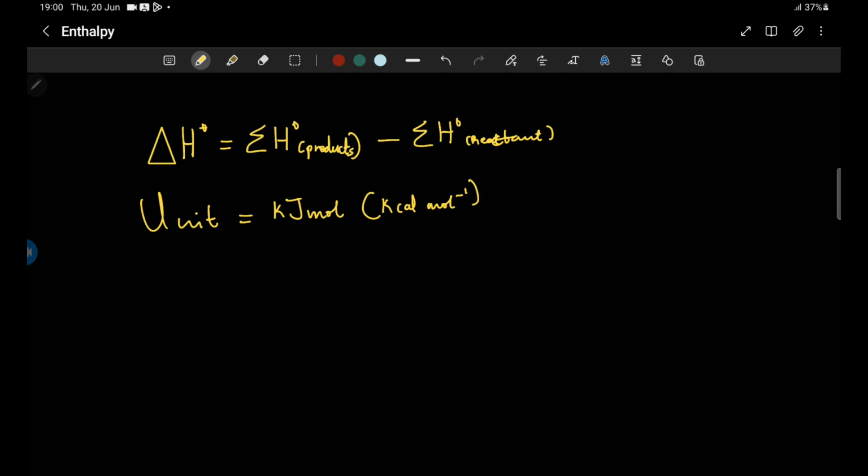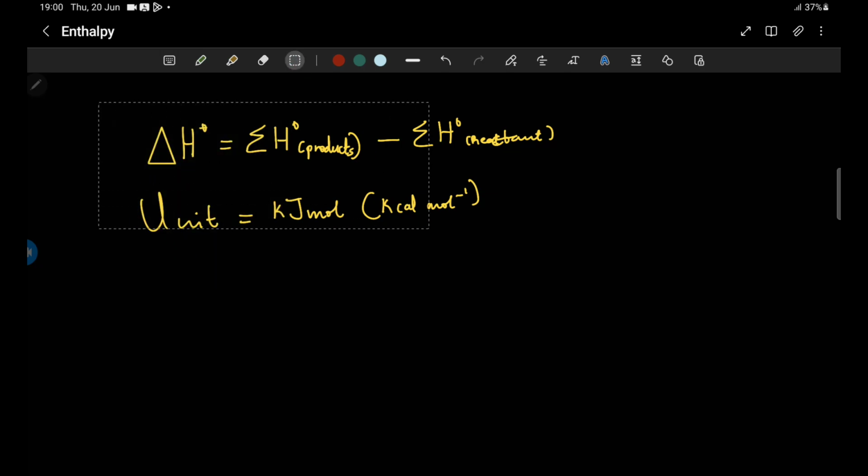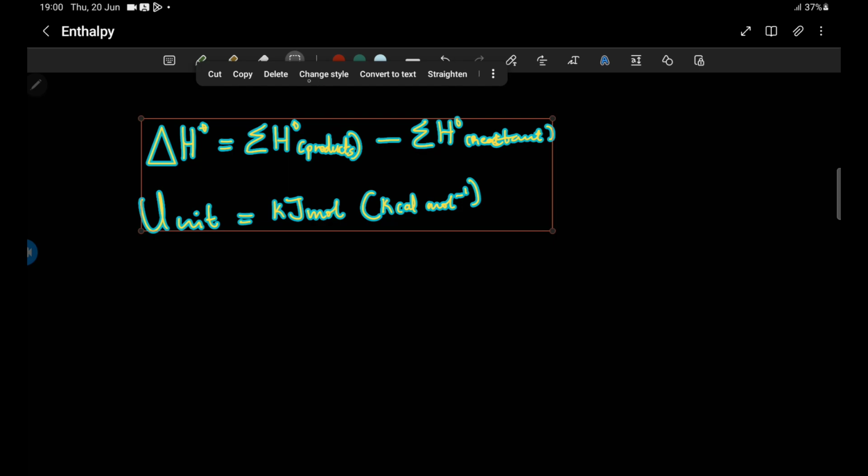All right, now there are basically two types of enthalpy changes. The first one we call exothermic changes, and the second is called endothermic changes.